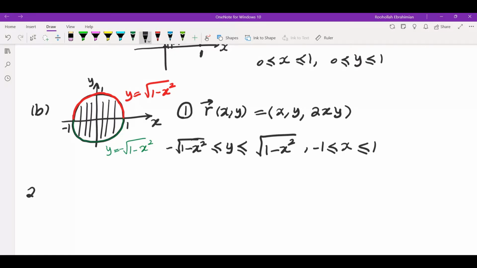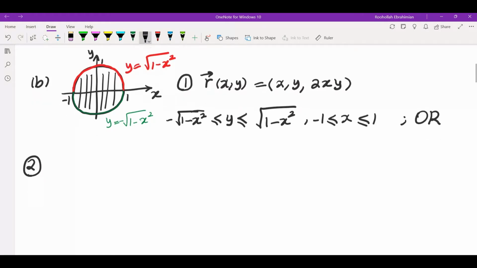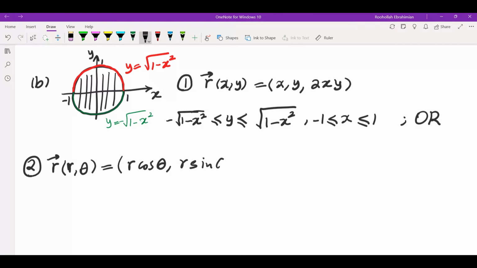So this is one parameterization, or we could do it using polar coordinates. How do we use polar coordinates? We could say r and theta, or technically it is in fact cylindrical coordinates, are our parameters. So the base would be r cosine theta, r sine theta, and the height would be 2xy.